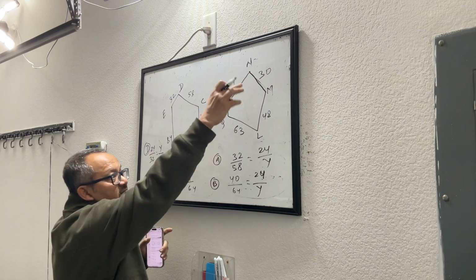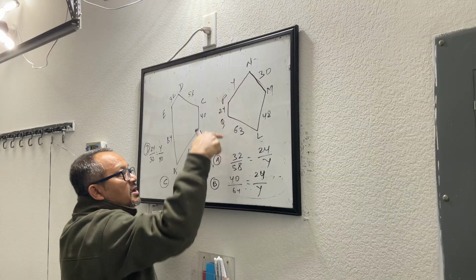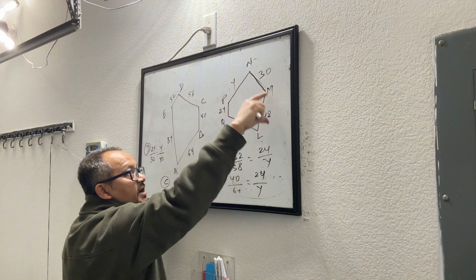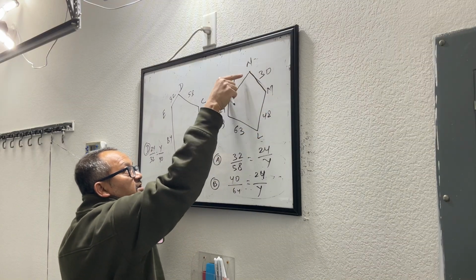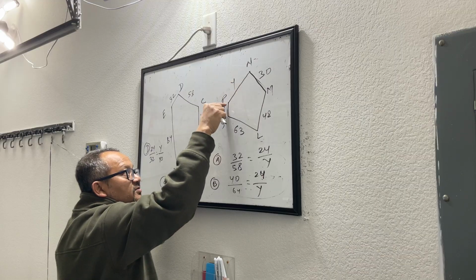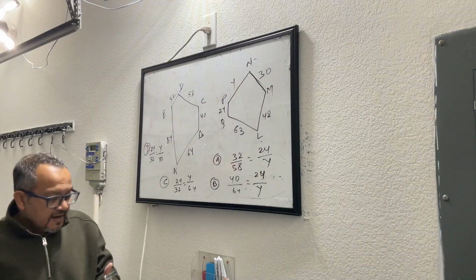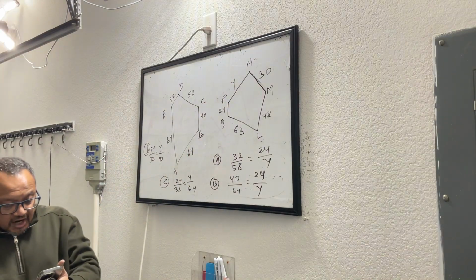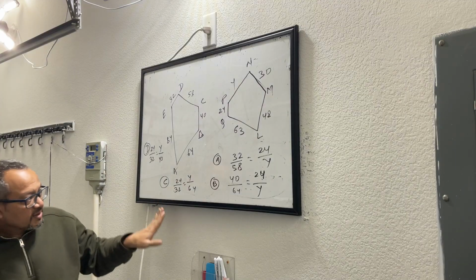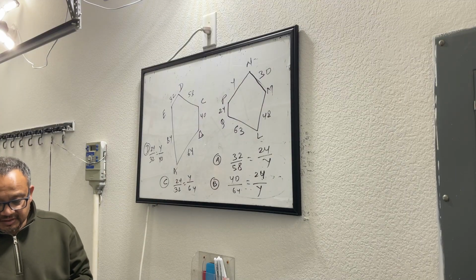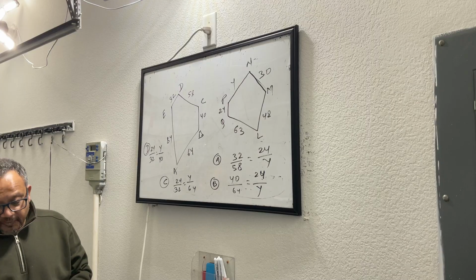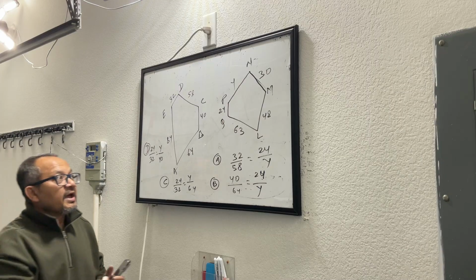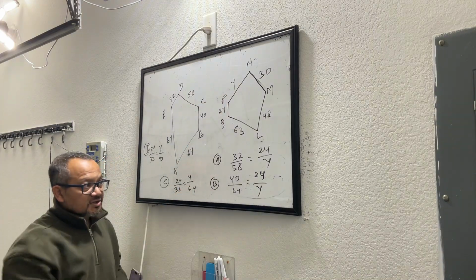And in this pentagon LMNPQ, this is given as 48, this is 30, this is Y, which we have to find out, this is 24, this is 63. And it says which of the proportions we can use to find out the length of N to P. And these are 4 options.